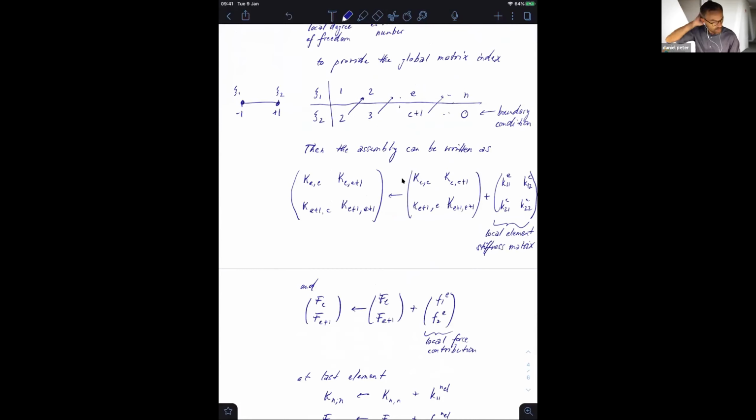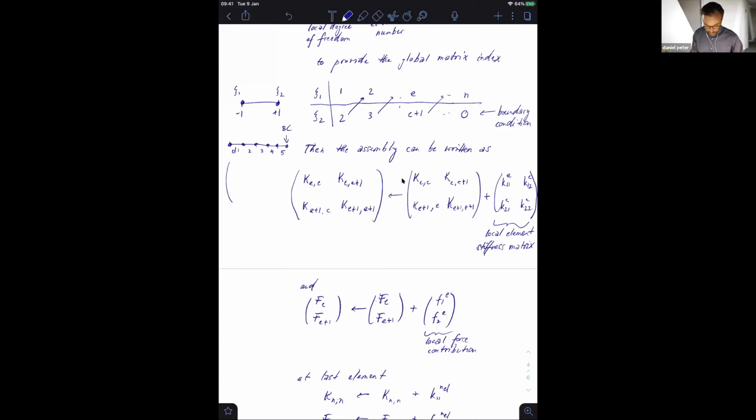So let's assume we would have, in our case, 5 elements. So having element 1, 2, 3, 4, 5. Then the nodal points we have are n plus 1. But we impose here the boundary condition.